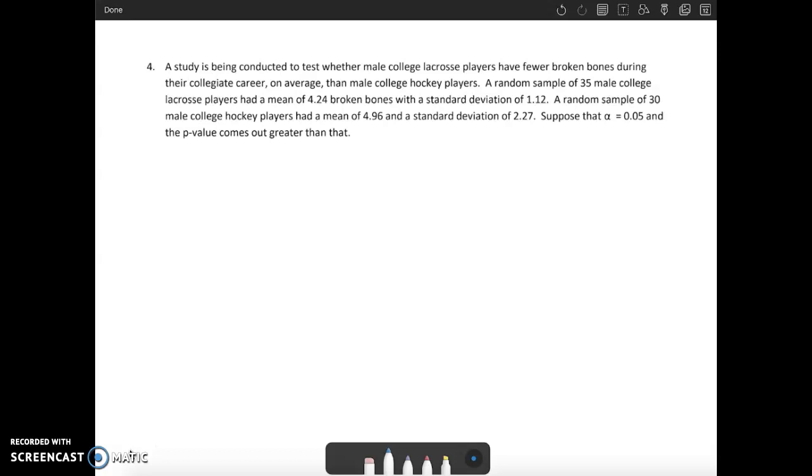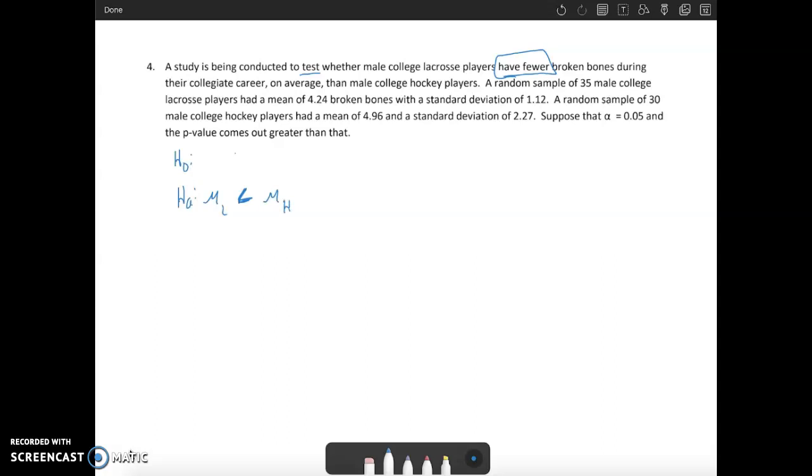Okay, so let's set up our null and our alternate. The test specifically is saying they're trying to show that male college lacrosse players have fewer broken bones. So it looks like we have a less than for our alternate hypothesis, and we would be trying to show that the mu of L for lacrosse is less than the mu of H for hockey.